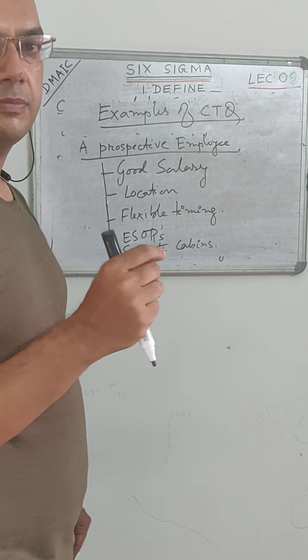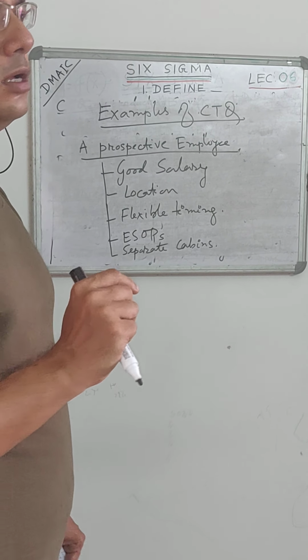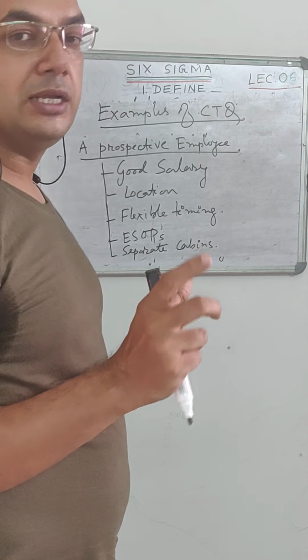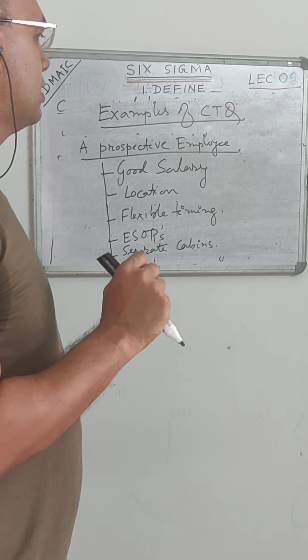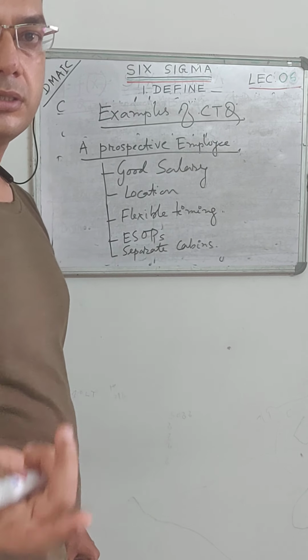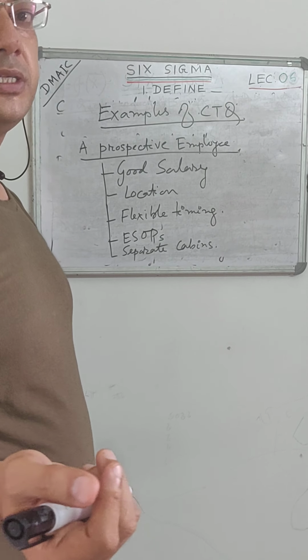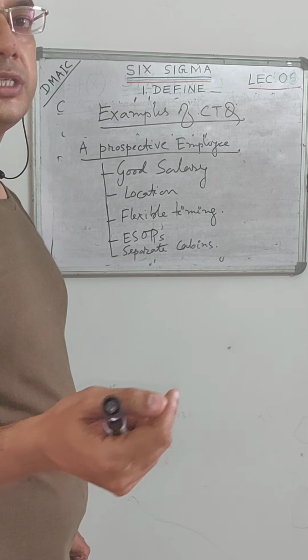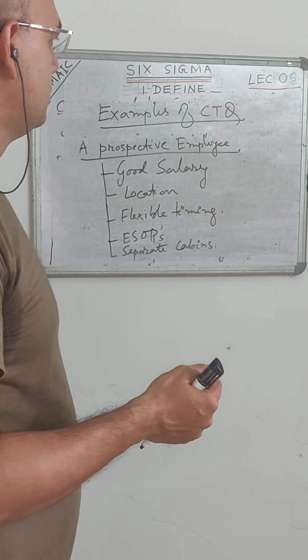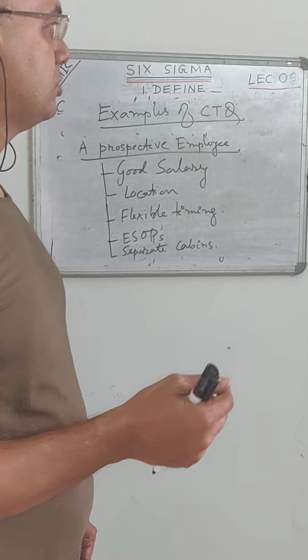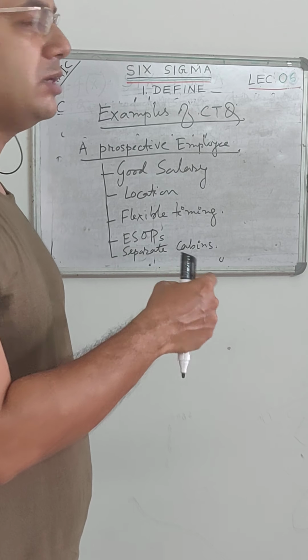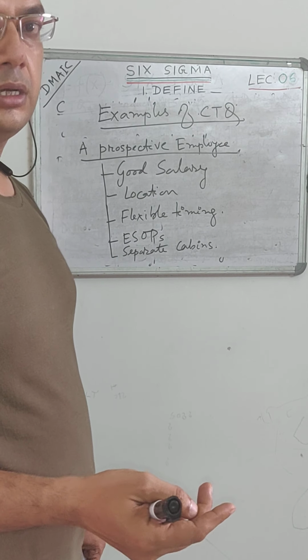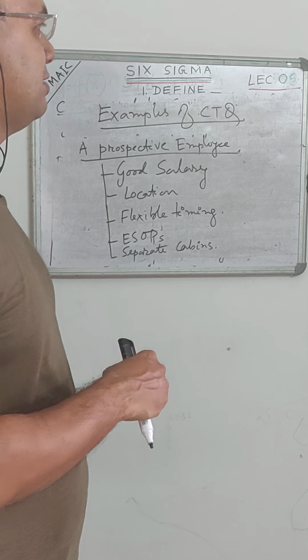We can conduct surveys, market research, meetings, brainstorming, service surveys. So these are all techniques to find out CTQs. Okay. So we're closing it here, and in a subsequent lecture we'll discuss more details about the define phase.